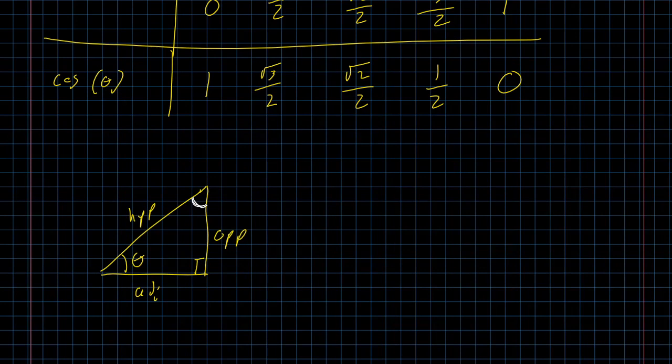Well, 180 minus 90 is 90, and then 90 degrees minus theta is the angle up here.